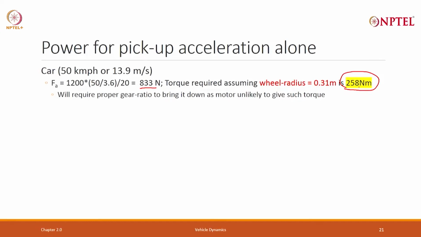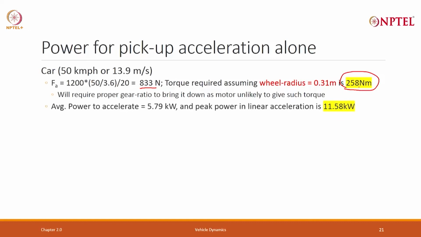Remember, for the car, even for climbing, the torque requirement was very large. So, we have to put all these things together, and generally your motor will not be able to handle this. So, you will require an appropriate gear. We will talk about gears also in this course as we go on.